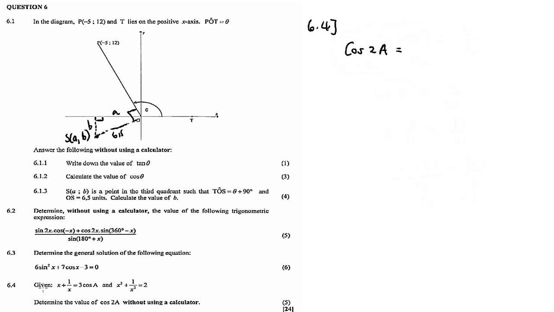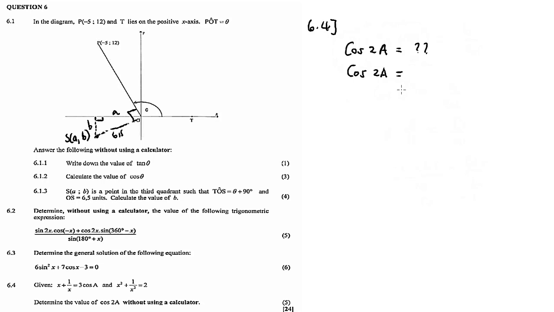I'm given x plus 1 over x equal to 3 cos a, and x squared plus 1 over x squared equal to 2. Then they say determine the value of cos 2a without using a calculator. I want cos 2a, and I know that cos 2a is a double angle, right? How many double angle identities do we have? Three.